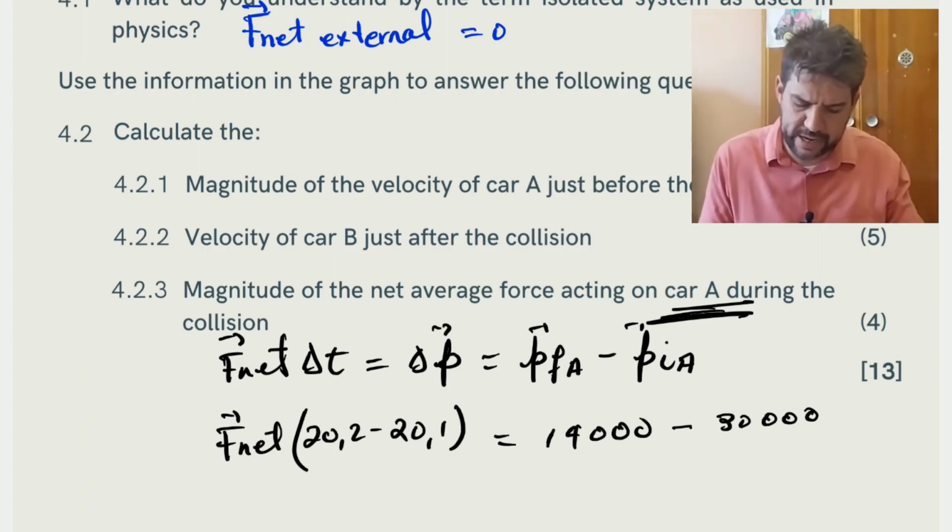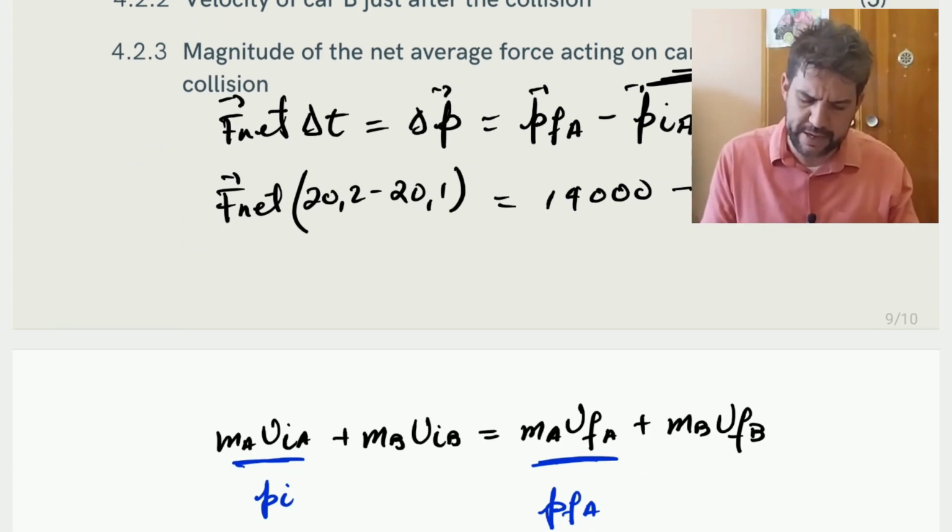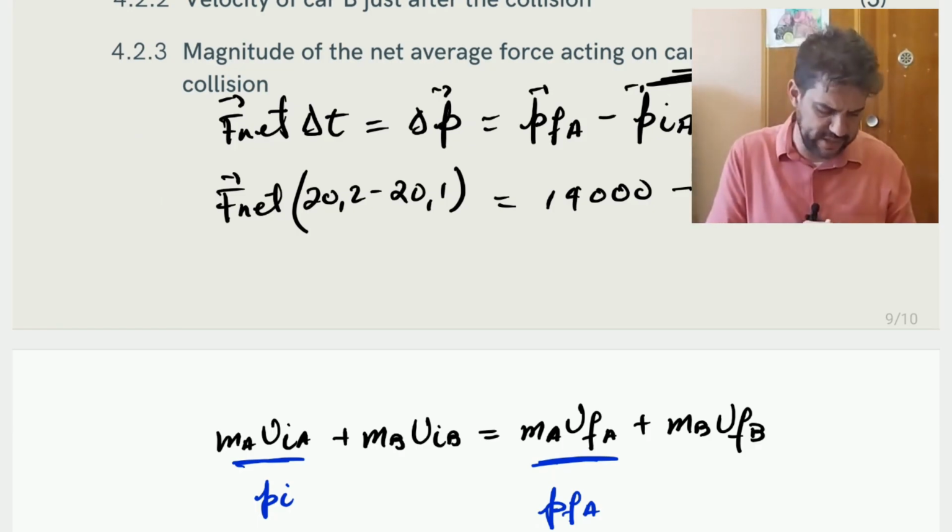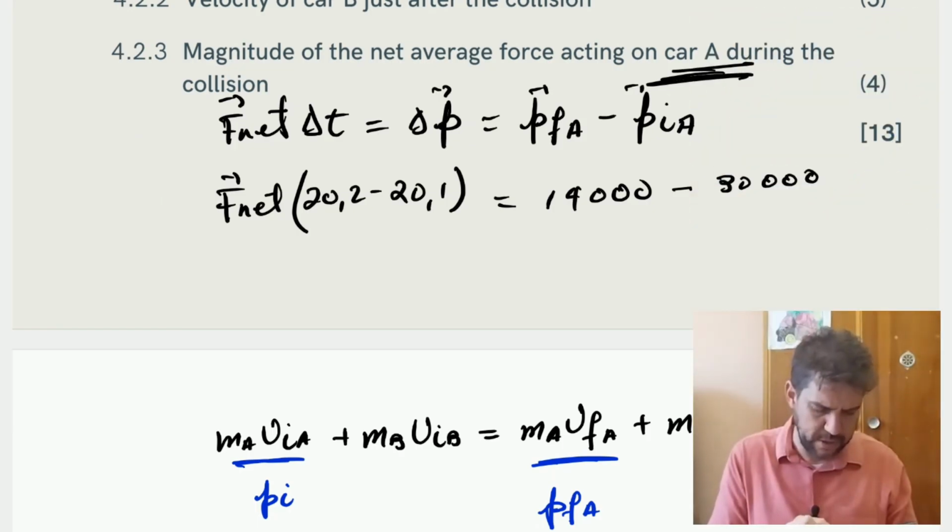So if we do the calculation step by step, we have 14,000 minus 30,000 divided by 20.2 minus 20.1. I like to do all the calculation.